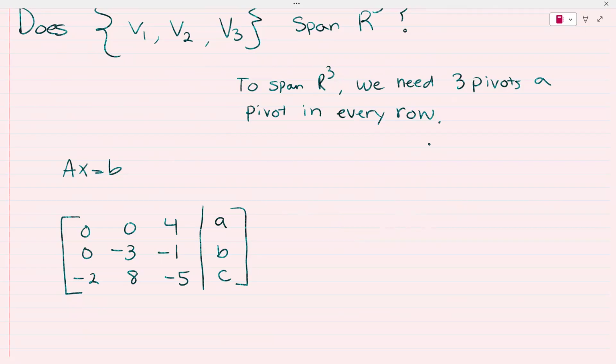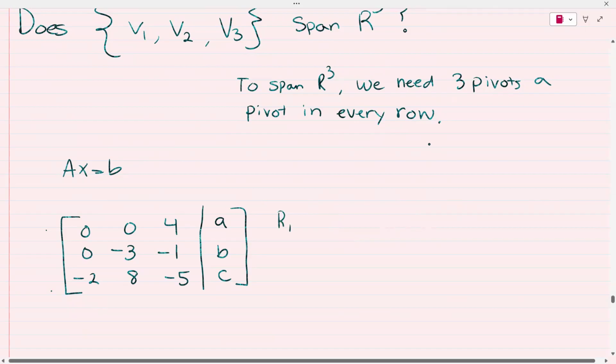Maybe we can switch rows. Maybe we could switch row 1 with row 3. So row 1 goes to row 3, and row 3 goes to row 1.